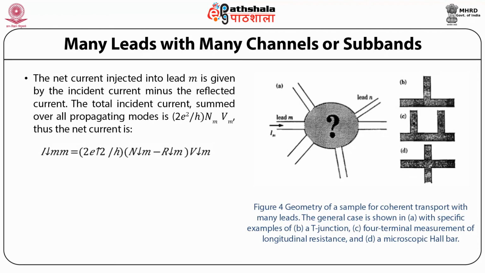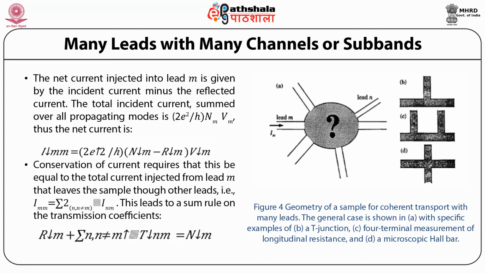So the net current injected into the lead M is given by the incident current minus the reflected current. That is, the net current will be IMM equal to 2e square by h multiplied by Nm minus Rm, multiplied by Vm.